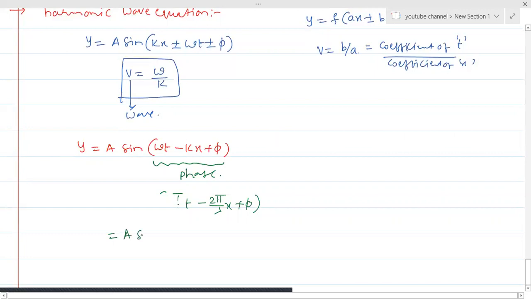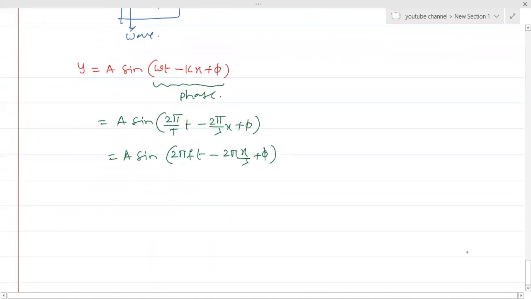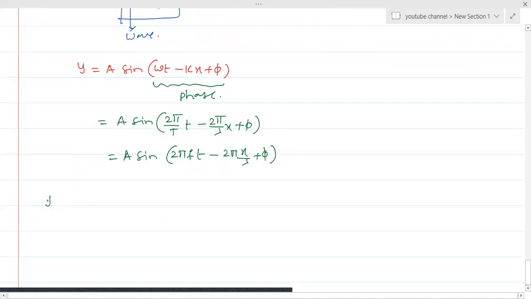Or we will take a sine (2 pi frequency into t minus 2 pi into x by lambda plus phi). So these are the different forms. Actually, sometimes there is a need for initial phase.